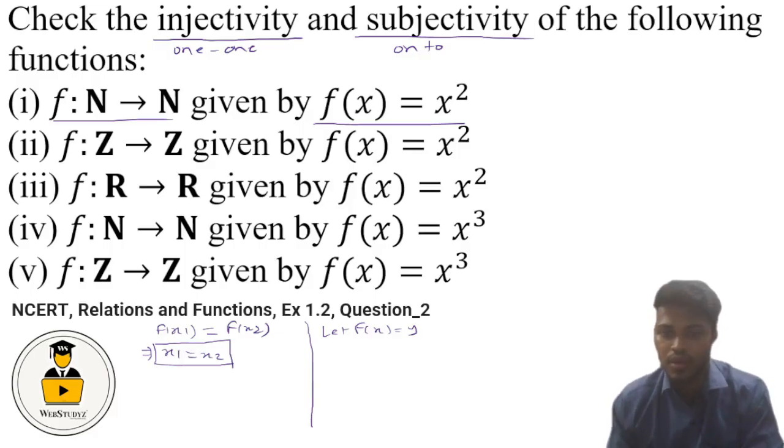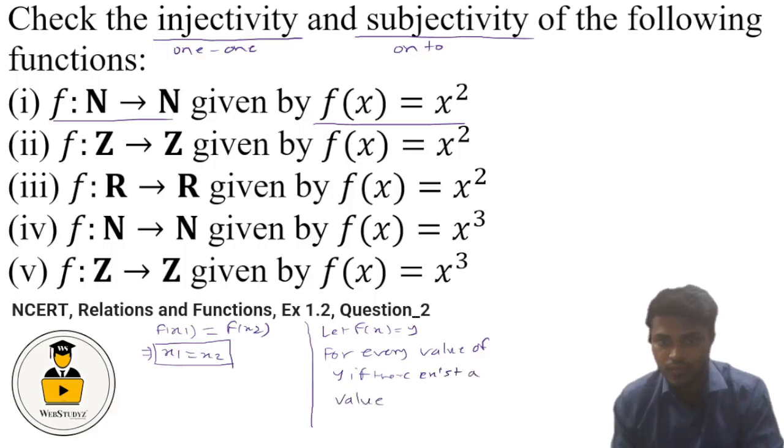For every value of y, if there exists a value of x belonging to the domain, then we can say that the function is a surjective function. So let us check whether the given function follows such conditions or not.